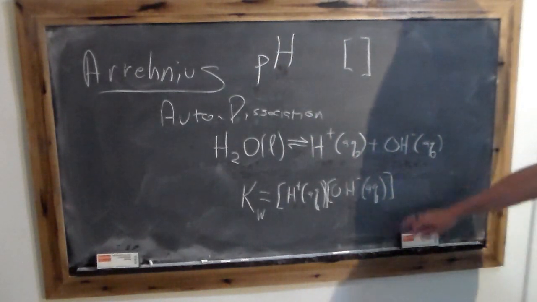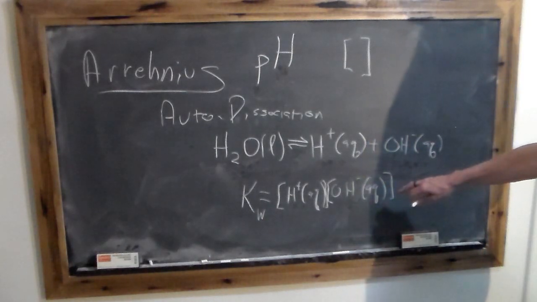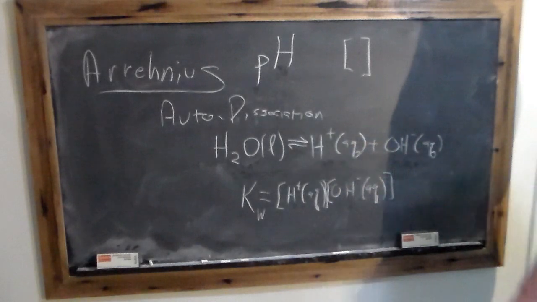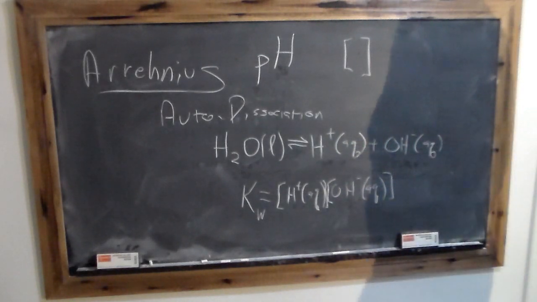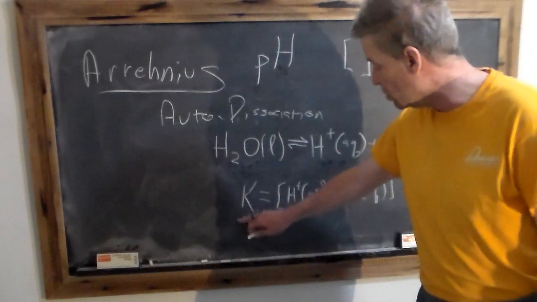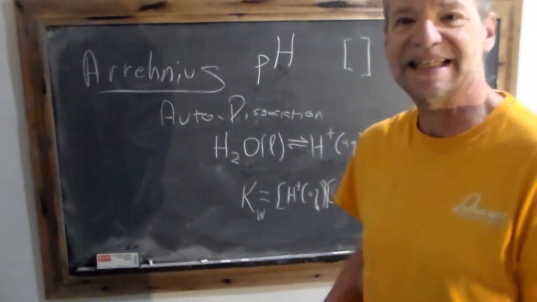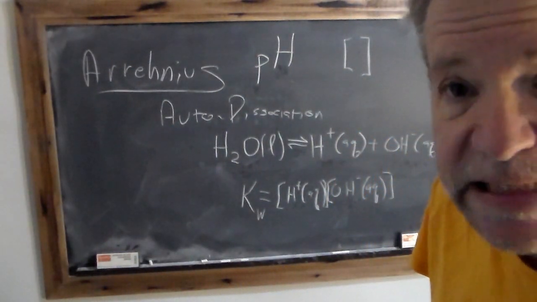Anyway, this is just the concentration of hydronium times the concentration of hydroxide. As it turns out, there's a reason this is called an equilibrium constant expression: it's a constant.